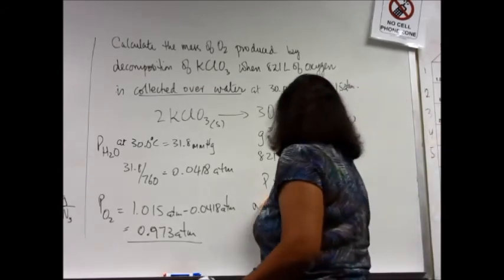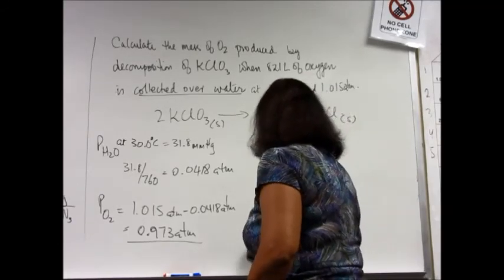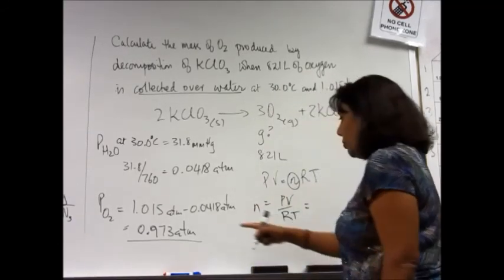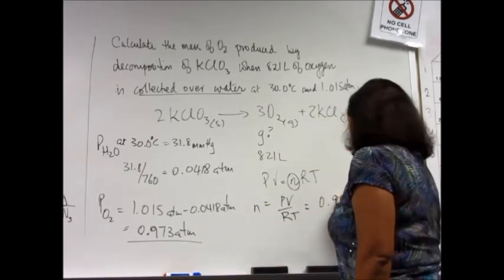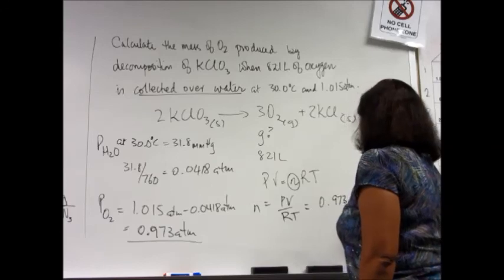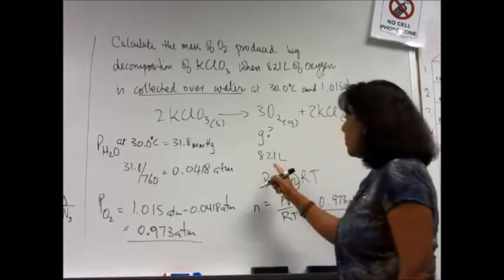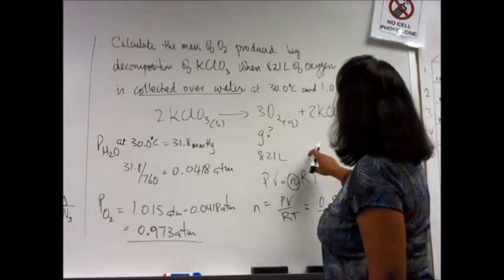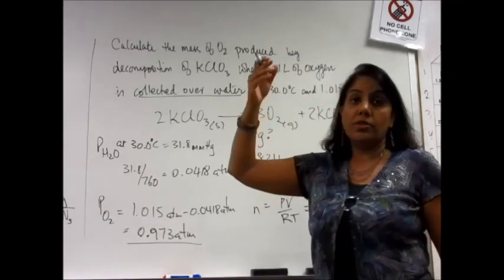So n is equal to PV over RT. The pressure now is this new one, 0.973 atmosphere. The volume is 0.821 liters. Please make sure you convert. And I wrote liters, didn't I? I'm making all sorts of mistakes today.